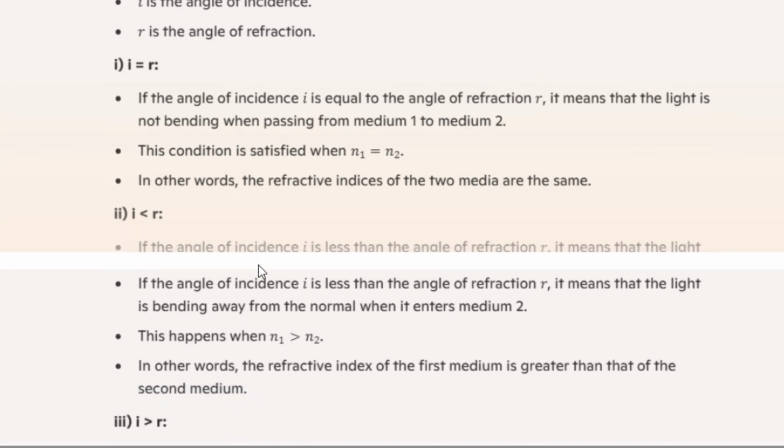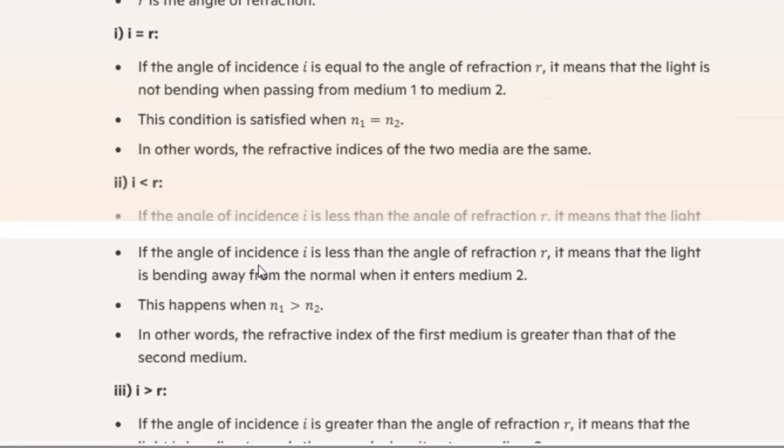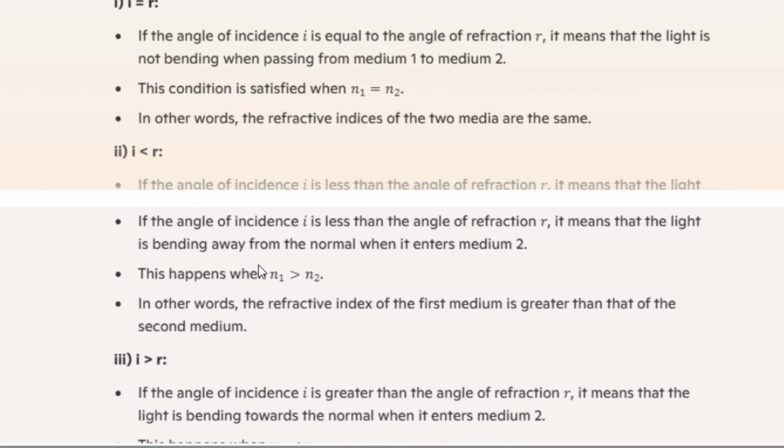So now look at number 2. If the angle of incidence is less than the angle of refraction, what happens? It means that the light is bending away from the normal when it enters medium 2. You place a rectangular glass block, and if you don't know it, pick up your phone and browse rectangular glass block.